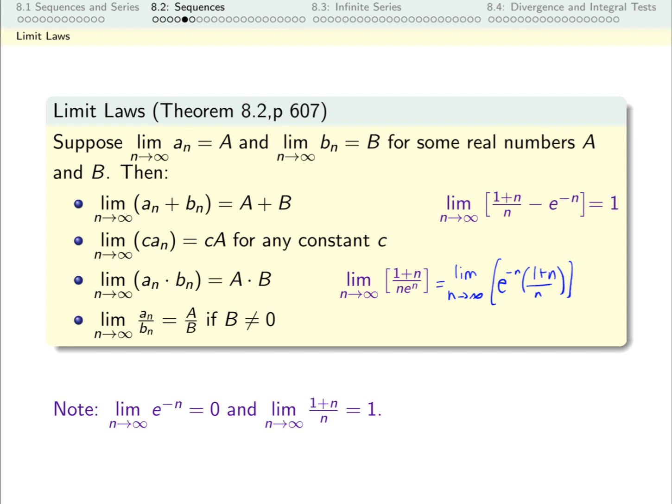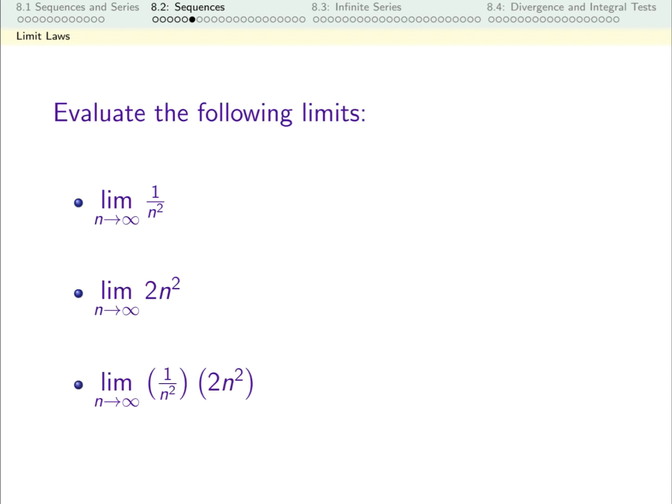I know that e to the minus n goes to 0, (1 plus n) over n goes to 1, so this limit is 0. And that's what this law is saying. If I multiply two sequences, the limit of that product is the product of the limits. Using what you've just learned, take a second, pause the video, and evaluate these limits.